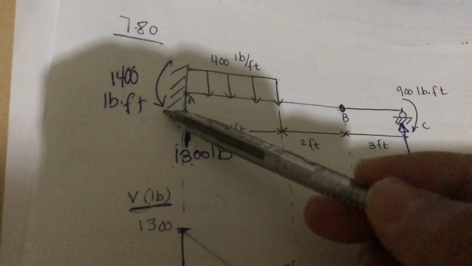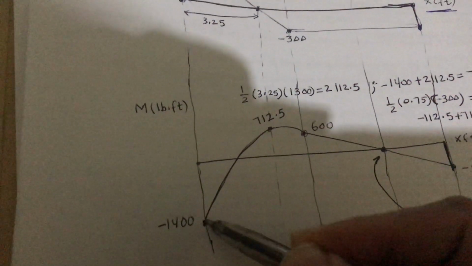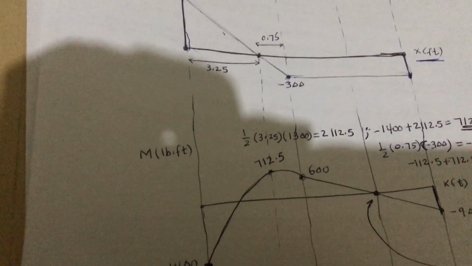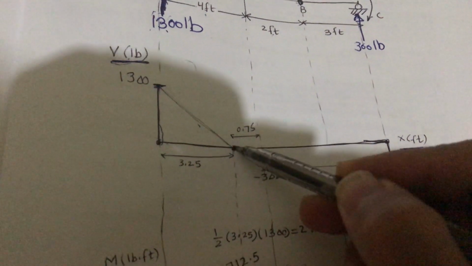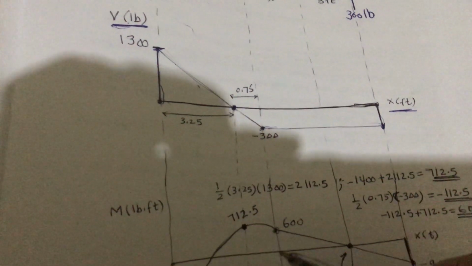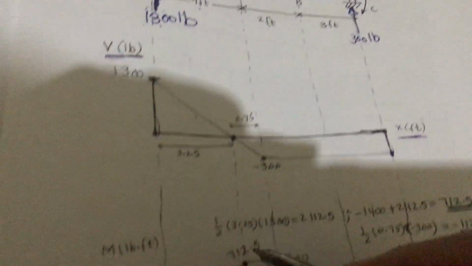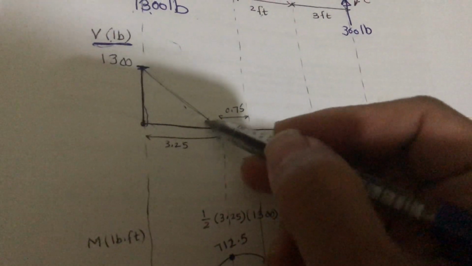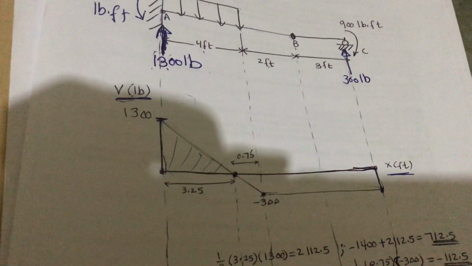So if it's going that way, it's gonna give you a negative moment. 1,400. Okay. Now, since we have zero shear, this is going to be a change of moment. So now, how could you find this moment here? For zero shear, you have a change of moment. You should find the area under this curve. So how could we find the area under the curve?